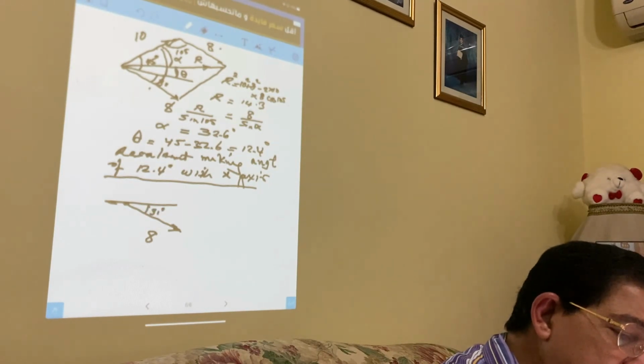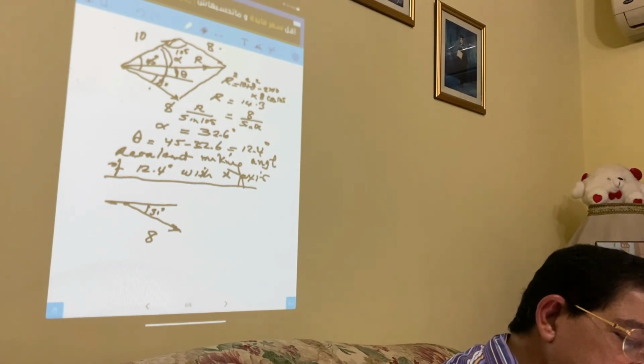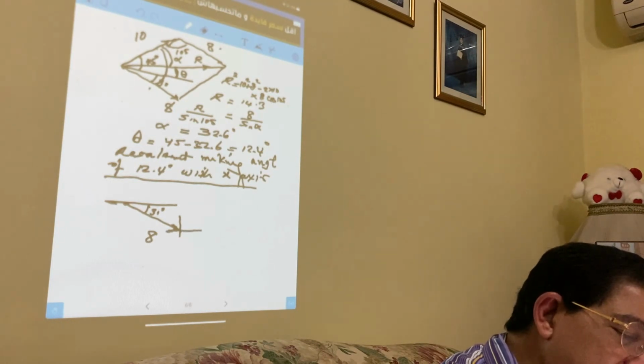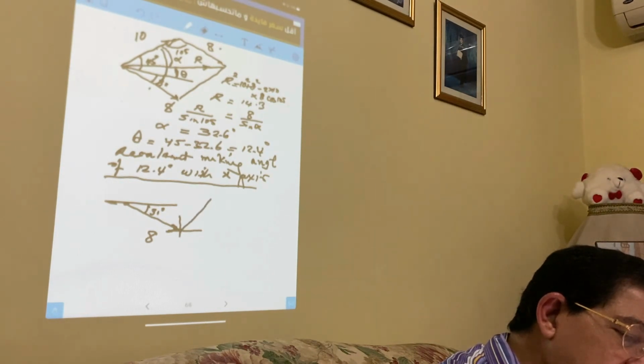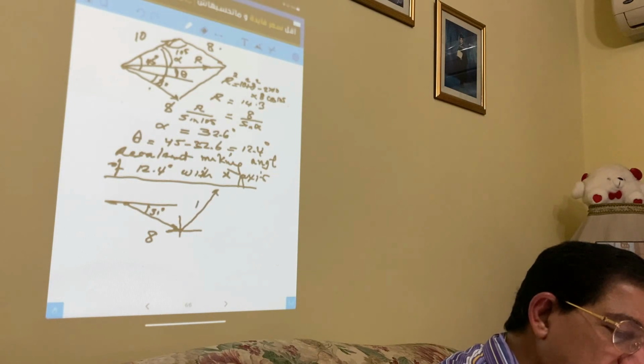Then we are going to make the second force, which is making an angle of 45 with the horizontal like this, and that force is 10 Newton with an angle of 45 degrees.